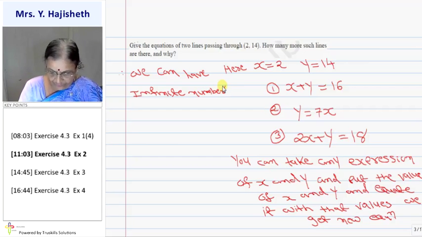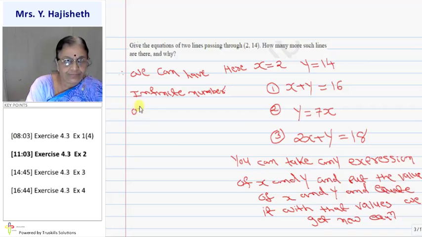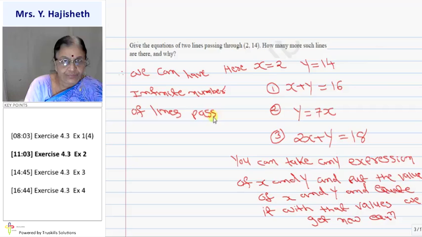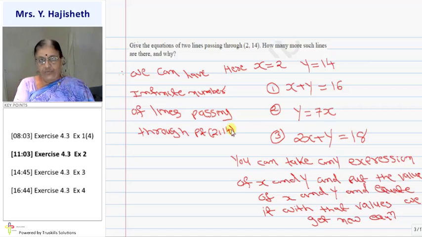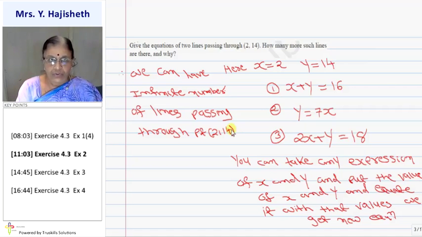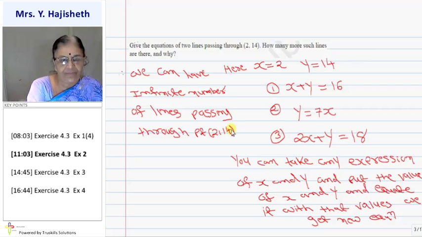Infinite number of lines passing through point (2, 14), okay? So both question के answer मिल गए. First we have given 3 equation and many more we can obtain. And second question is how many such lines. So infinite number of line can be formed.